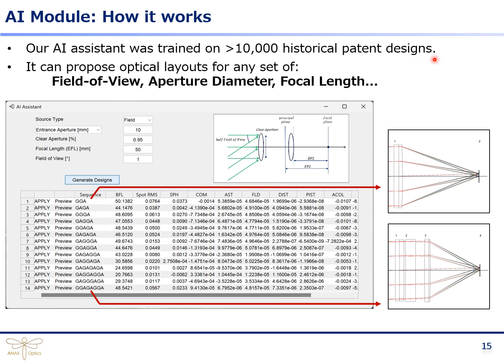We therefore propose a simple interface where, from a few input parameters, the field of view, the diameter of entrance aperture, and the effective focal length, a number of suggestions are provided by the software in increasing complexity.